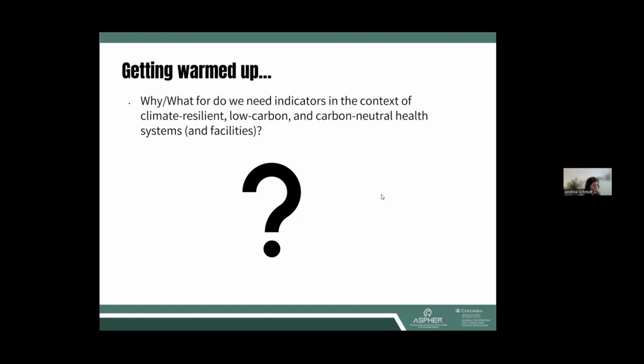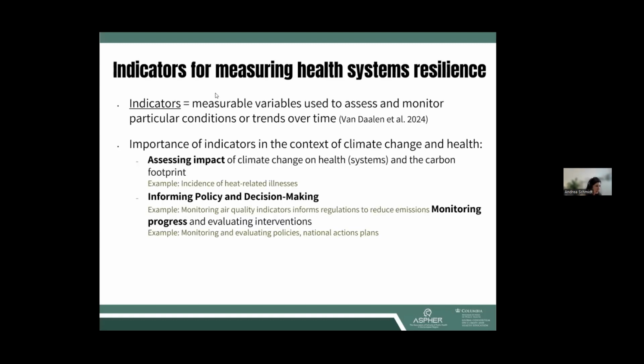Okay, thank you. And I know that you've dealt already, for example, with the topic of health risks of sustainable health systems. So I know that you've already dealt with a lot of indicators. Now, if we look at what indicators can do for us in the general literature, and it's also in the Lancet Countdown that Kim is going to present to you afterwards, indicators are measurable variables used to assess and monitor particular conditions or trends over time.